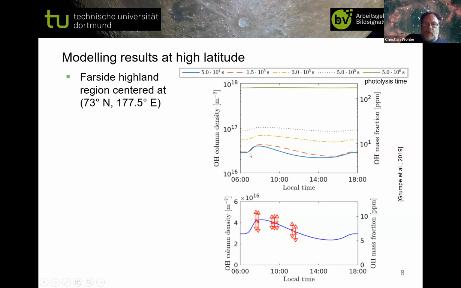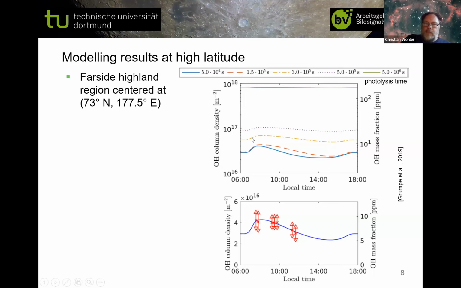And so here, these are the corresponding column densities, which we have converted to the OH mass fraction in ppm by assuming an implantation depth of 100 nanometer, as given in the Farrell papers.